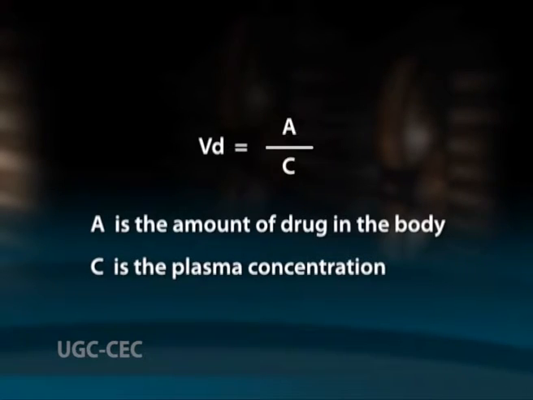Thus, VD equals A by C, where A is the amount of drug in the body and C is the plasma concentration. Although VD has no physiologic or physical basis, it can be useful to compare the distribution of a drug with the volumes of the water compartments in the body.